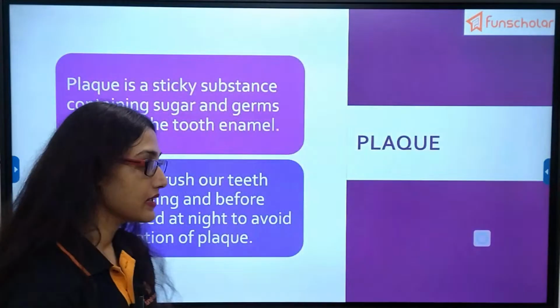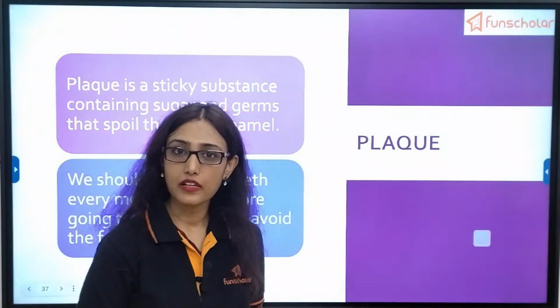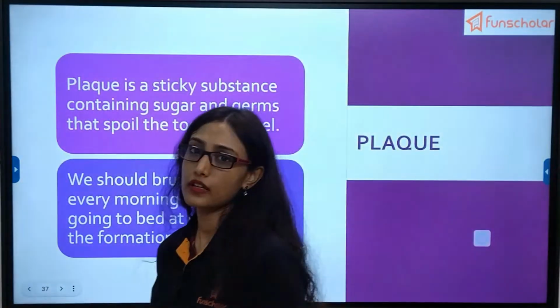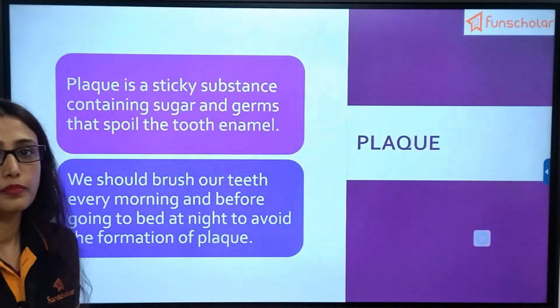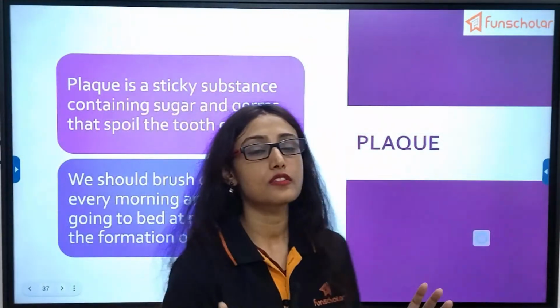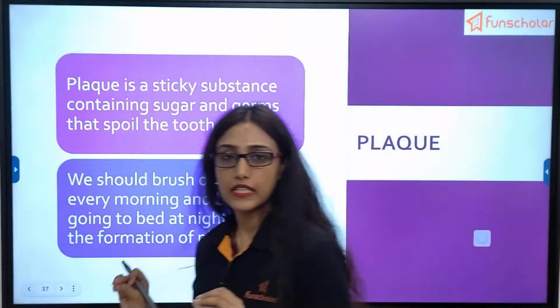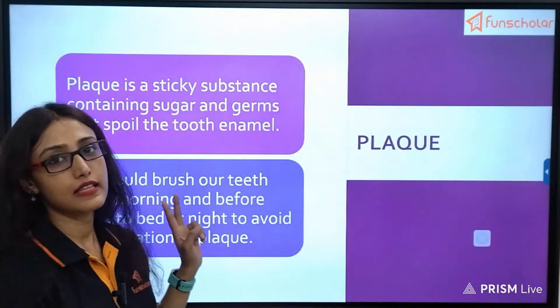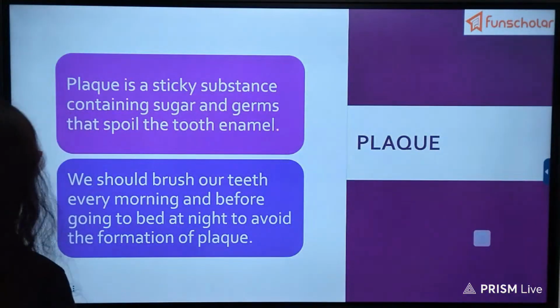Or after having your breakfast or lunch also, you can brush your teeth to protect your teeth from damage. So brushing more than twice is also good for your teeth. Okay, but you have to brush twice at least. Okay, done.